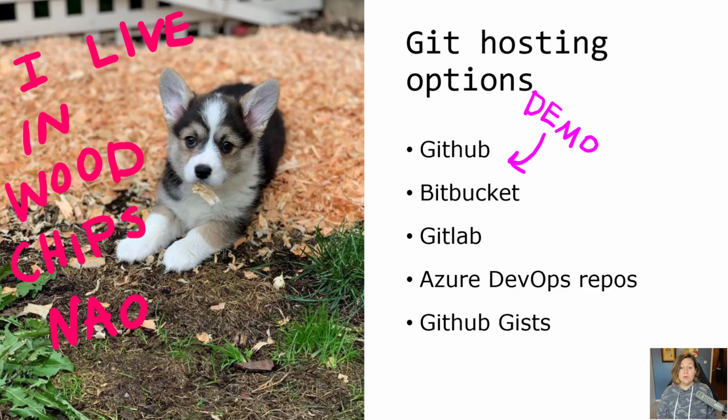GitHub is the one that we'll be using in the demo today. GitHub is very, very popular, especially for open source projects. And it has some optimizations that make it easy to do things you often need with an open source project. You want to make it easy for people to make a copy of an entire repo and then work on it on their own, and then maybe share their changes back with you.